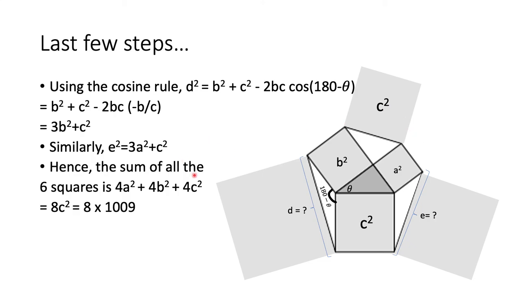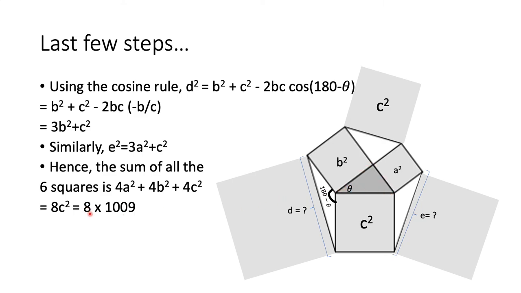Hence, the sum of all of the 6 squares is 4A squared plus 4B squared plus 4C squared. Because we have 3A squared here, 1A squared here, 3B squared here, and 1B squared here, and 2C squared here, and 2C squared here, and we have this, and A squared plus B squared is equal to C squared, just using the Pythagoras theorem for this triangle right here.